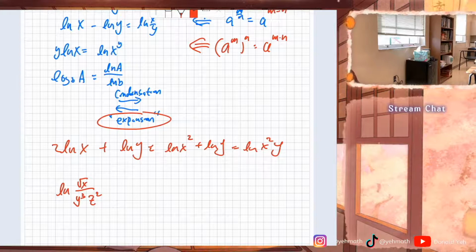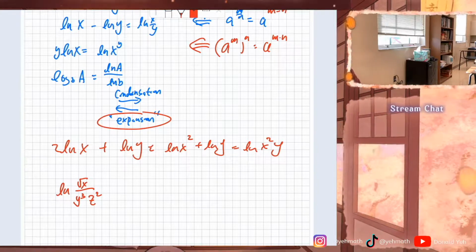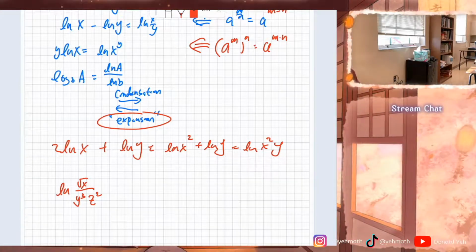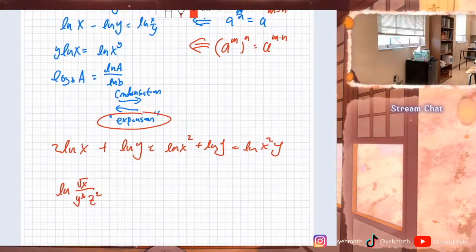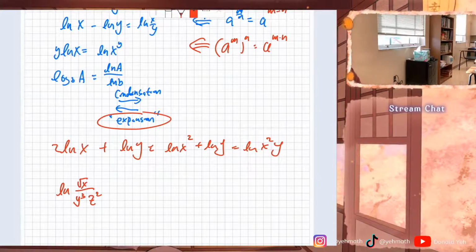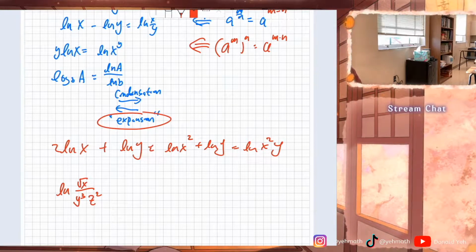Now, this is something you have to be able to do in calculus. If I asked you to take a derivative, you expand them and take the derivative, it's so much easier.